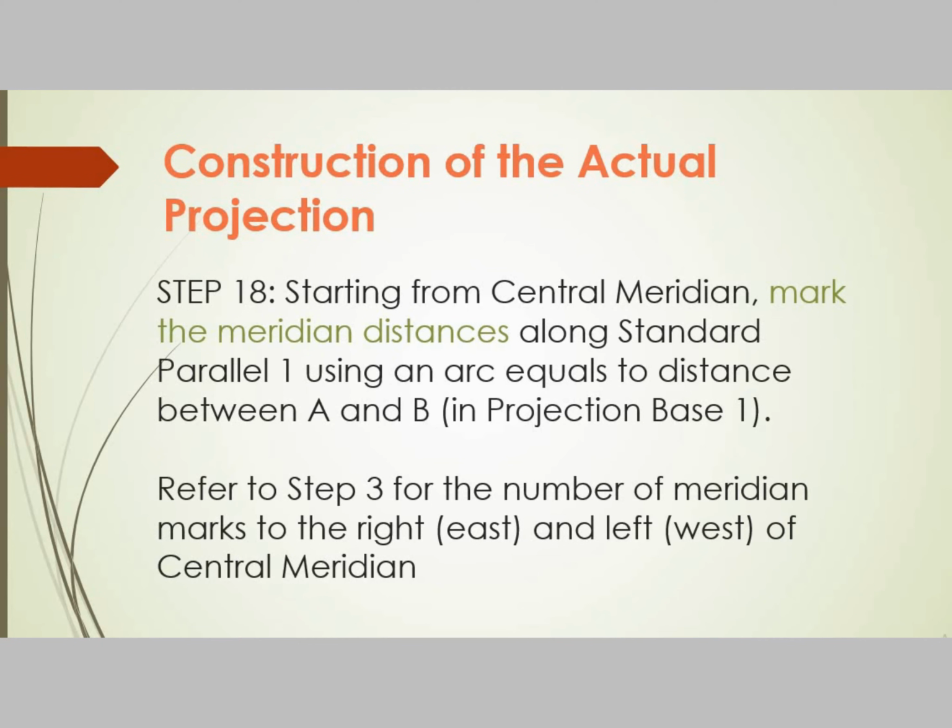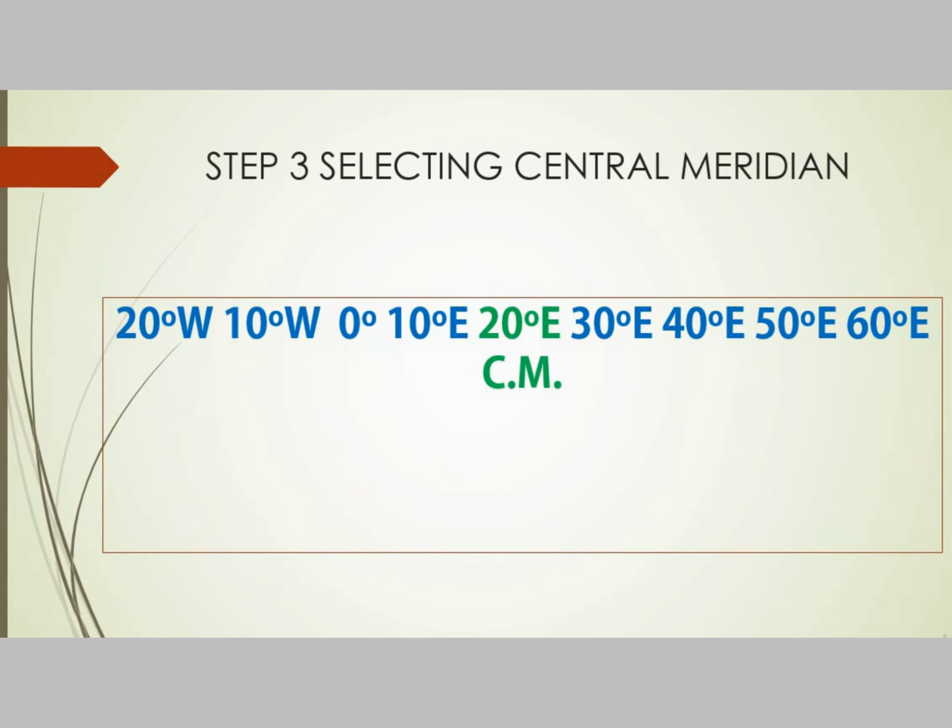So the next step will be to mark the meridian distances along the standard parallel 1, and the distance will be taken by the AB distance in projection base 1. And to know how many meridians to be drawn, we can refer to step number 3. So here is the list of meridians.